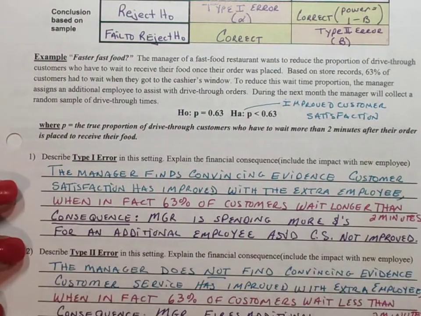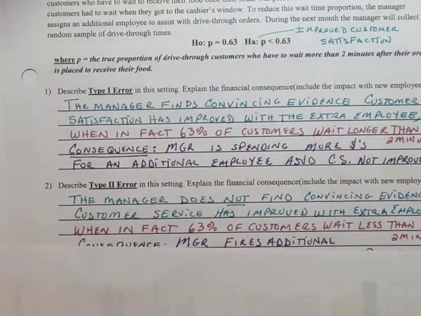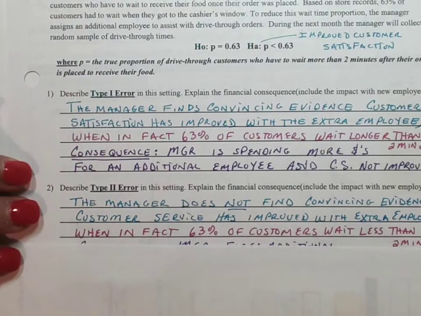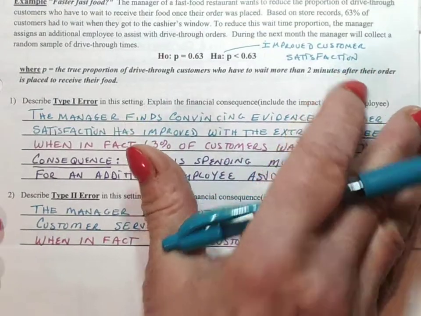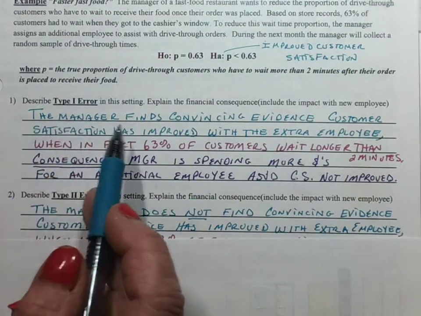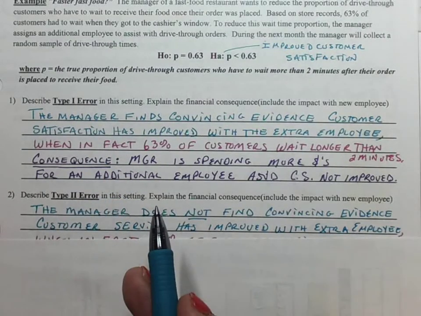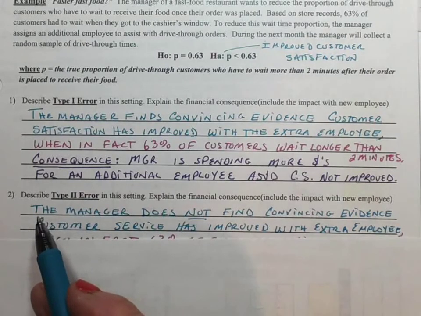A type 2 error. And one way to try to get it in your head is that when we have a type 1 error, we reject the null hypothesis. When we have a type 2 error, we fail to reject. That's a simple way of remembering that.